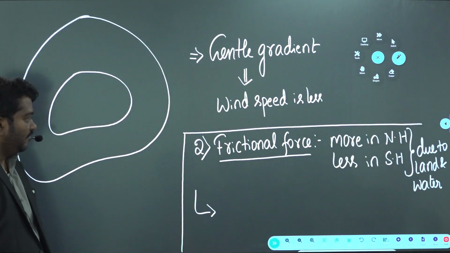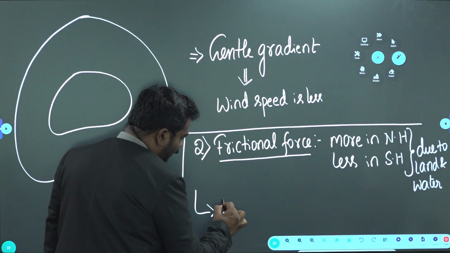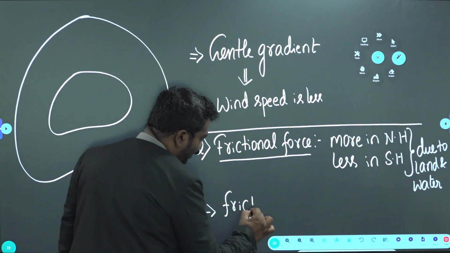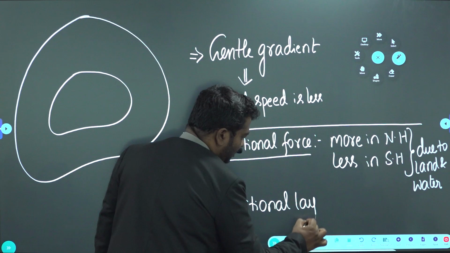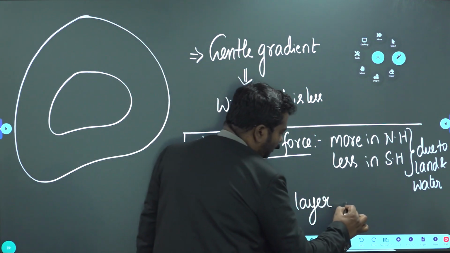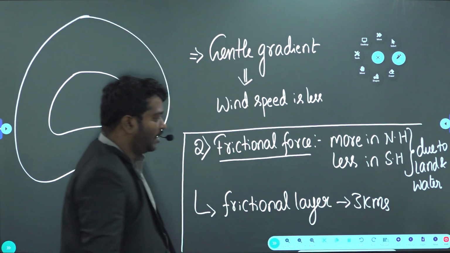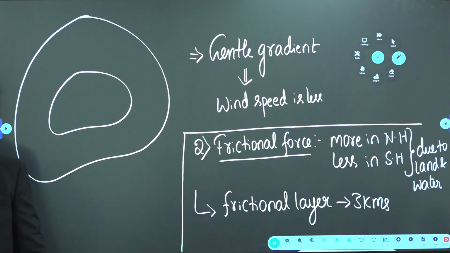Then we have also seen that in the atmosphere, layers are divided into frictional layer and non-frictional layer. Till 3 kilometers we call it the frictional layer. Above 3 kilometers it will be non-frictional layer.